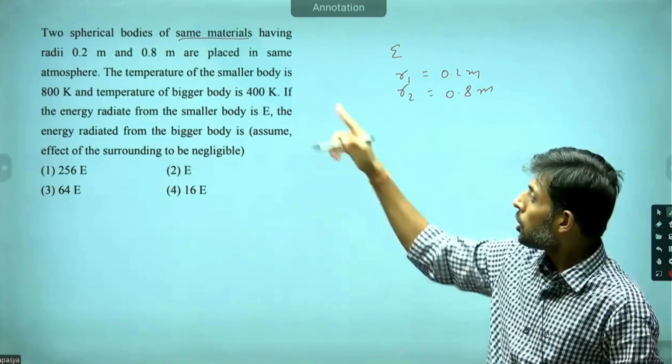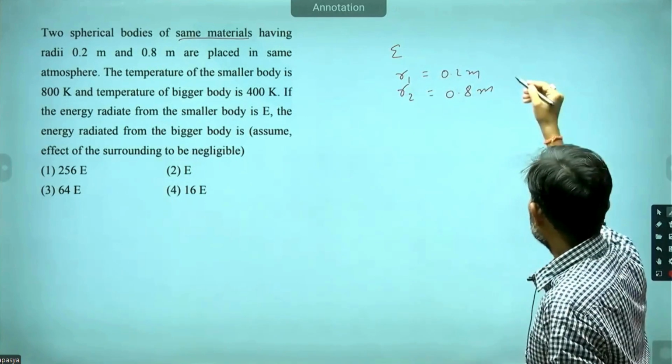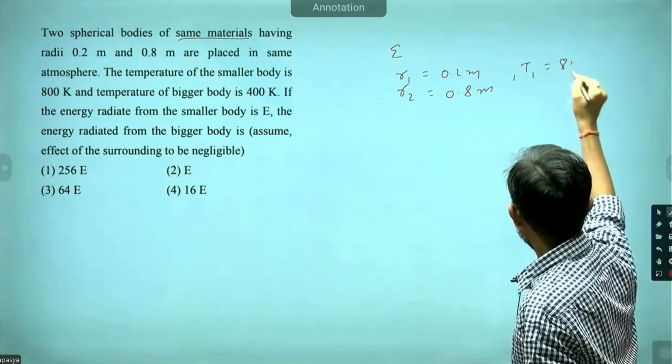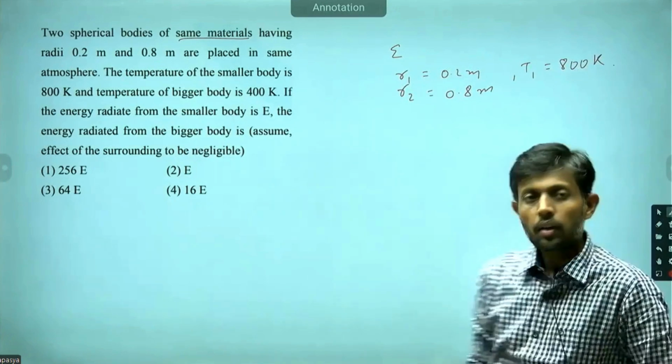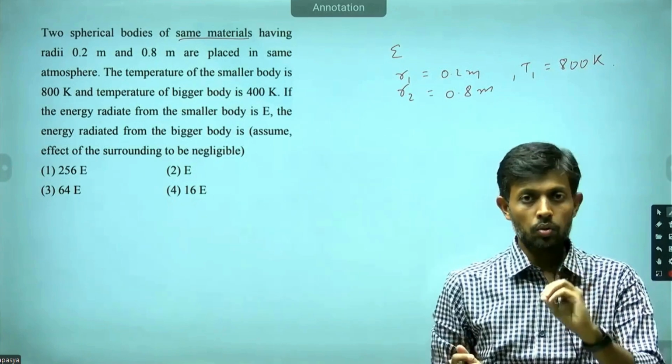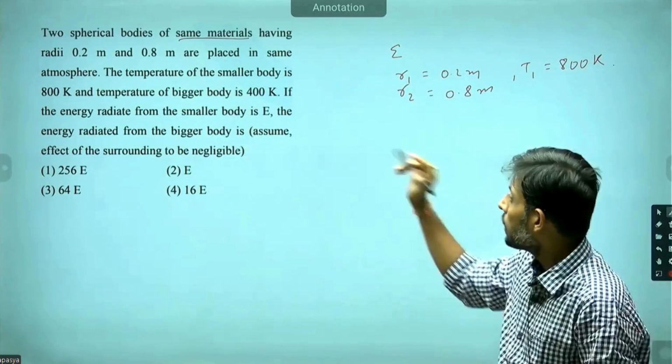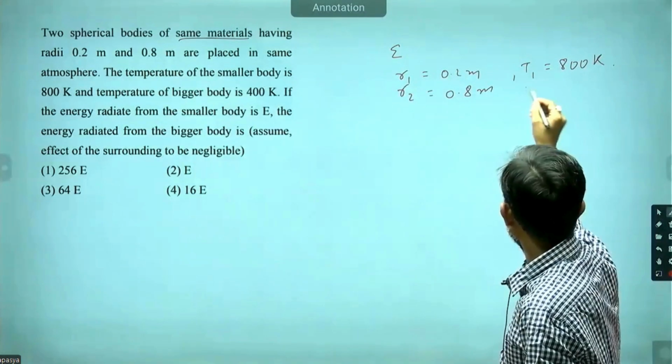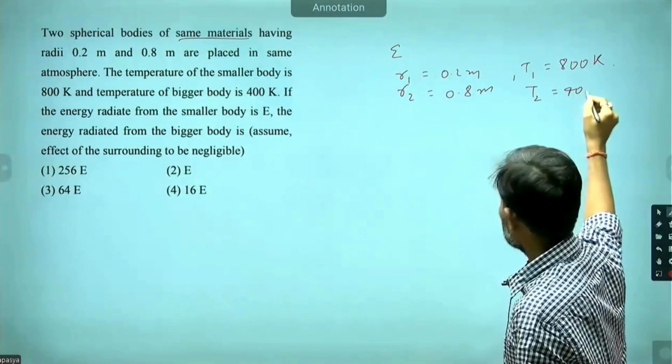The temperature of the smaller body is 800 Kelvin. T1 is 800 Kelvin. Remember, whenever you are using this formula, take temperature in Kelvin alone, okay? And then the temperature of the bigger body is 400 Kelvin.